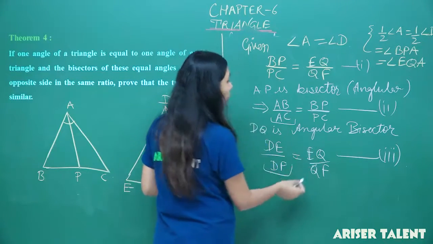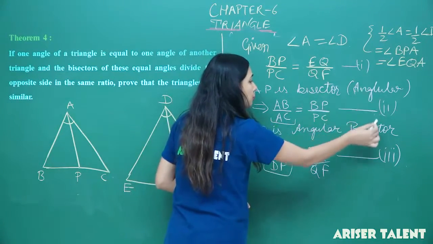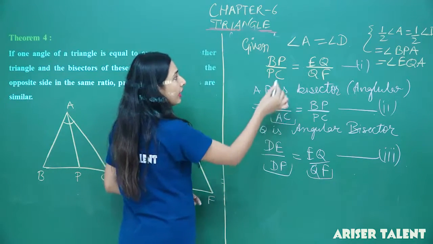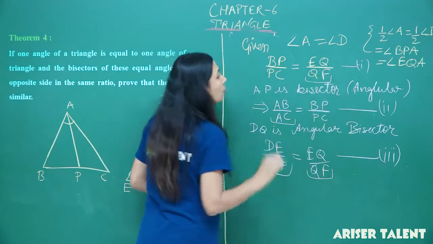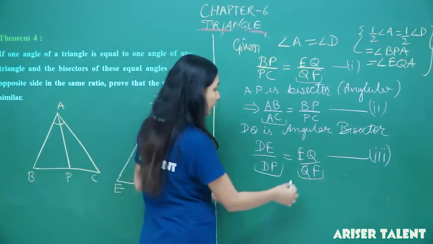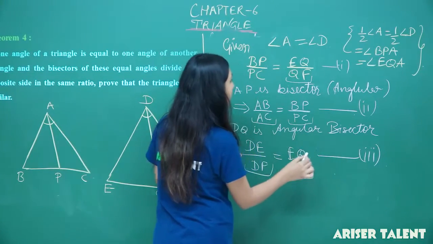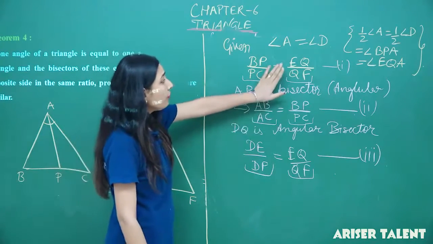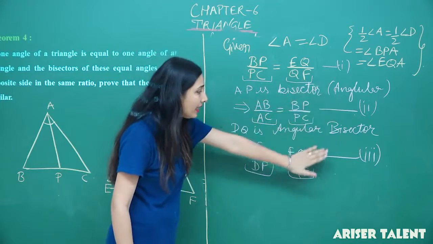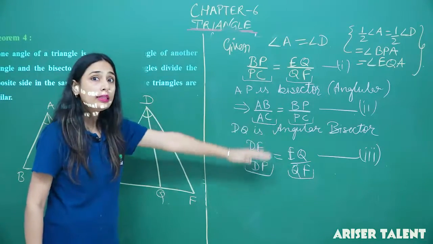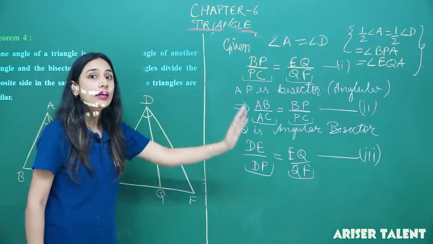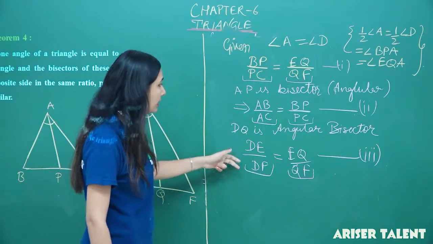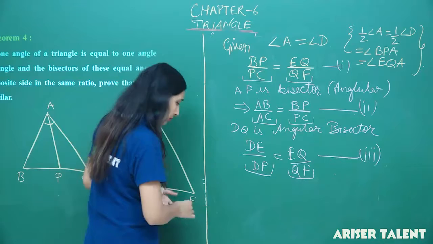Now if you look at equations 1, 2 and 3, here you have EQ by QF and here you have EQ by QF. So here you have BP by PC and here you have BP by PC. So we can say by equations 1, 2 and 3 that all these 6 proportions are equal to each other.